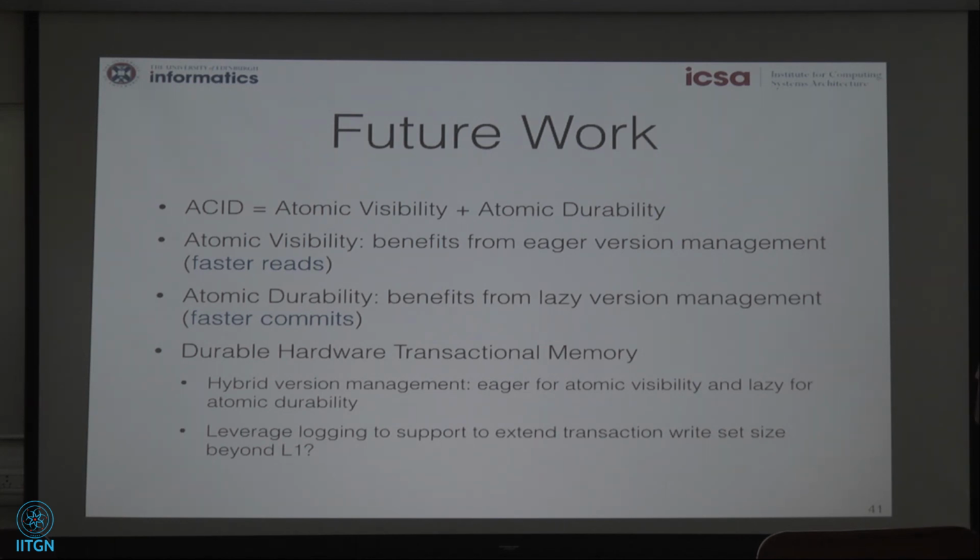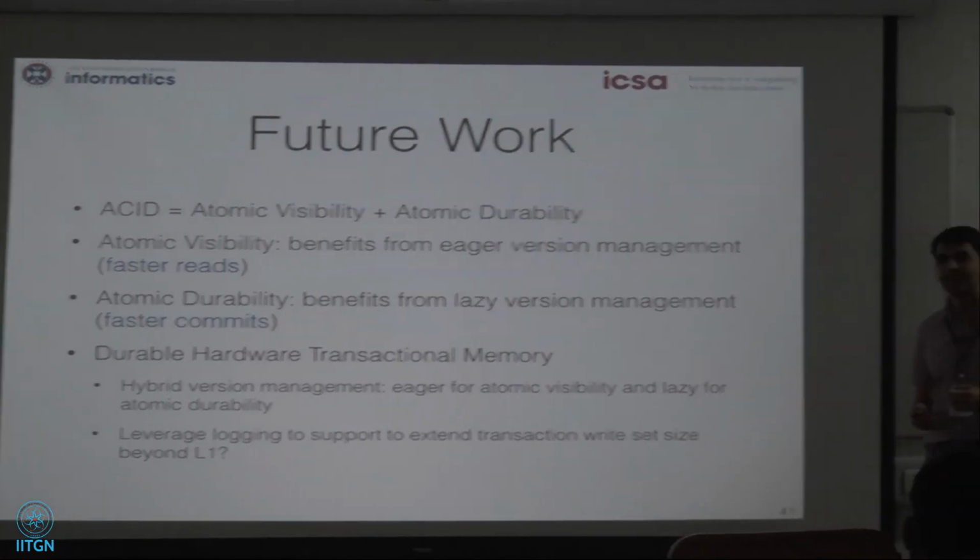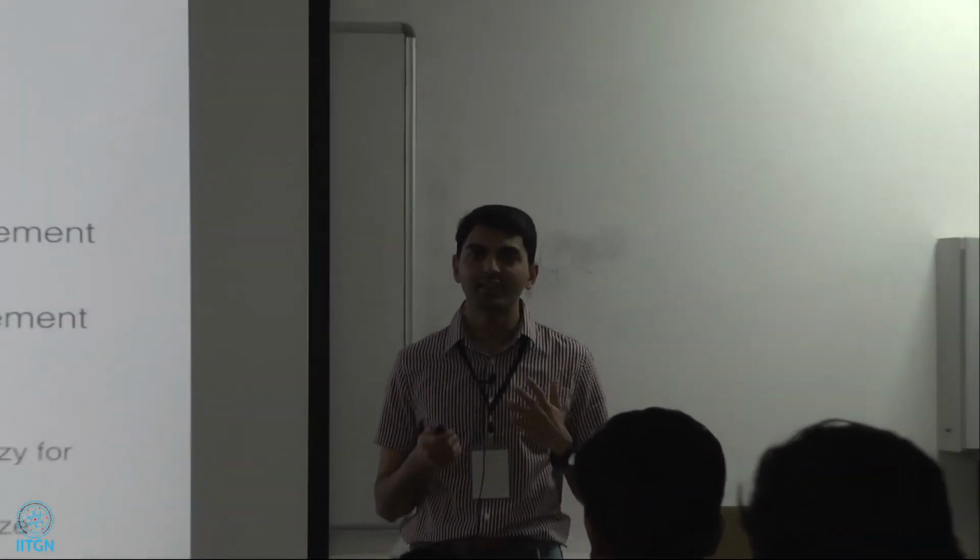The existing commercial HTM designs have their transaction size limited to either the L1 or some store queue design in the processor itself. Can we use some of these logging for durability to extend that write set size without adding additional hardware overhead?